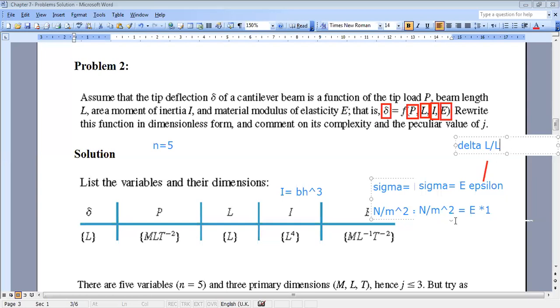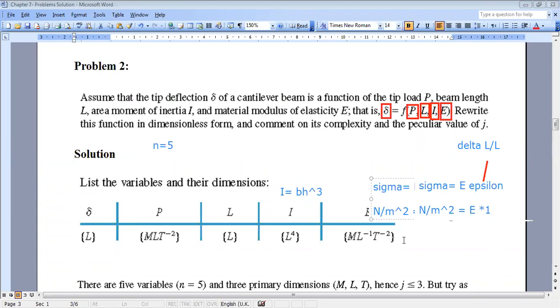So from this relation, the unit of E is the same as the unit of sigma, which is Newton per meter square. Newton is force, and the unit of force is MLT^-2. If you divide MLT^-2 by meter square, you get L^-1 MT^-2.